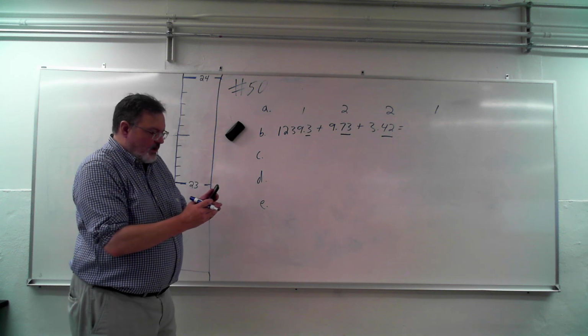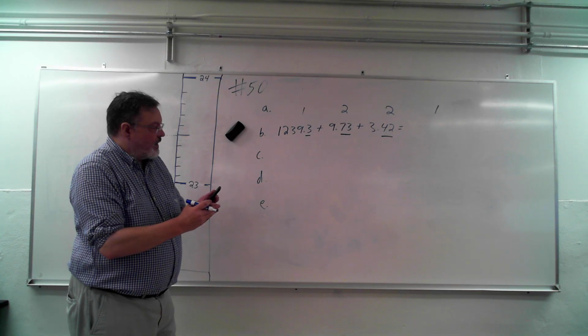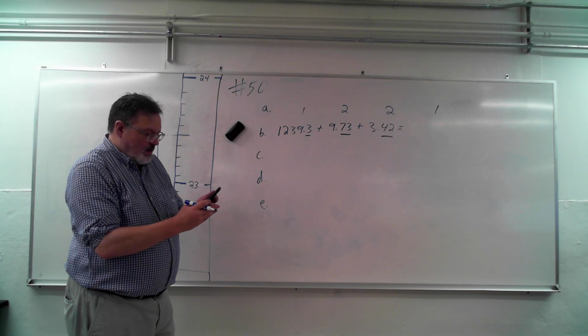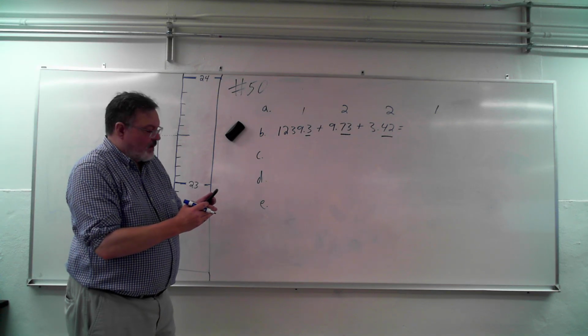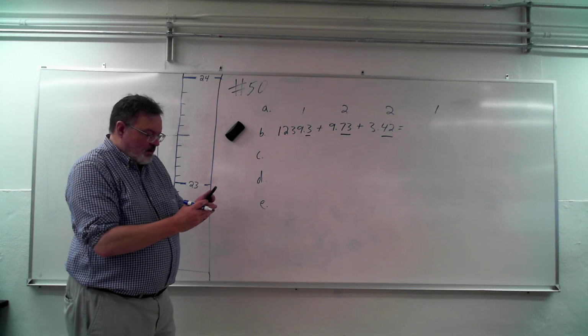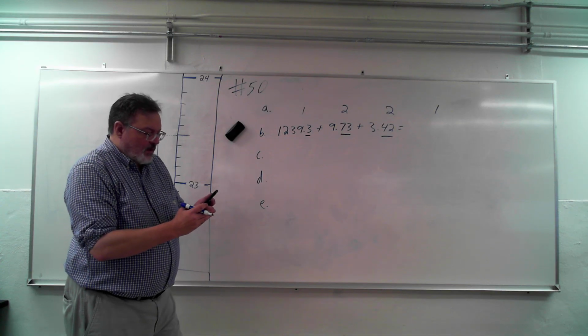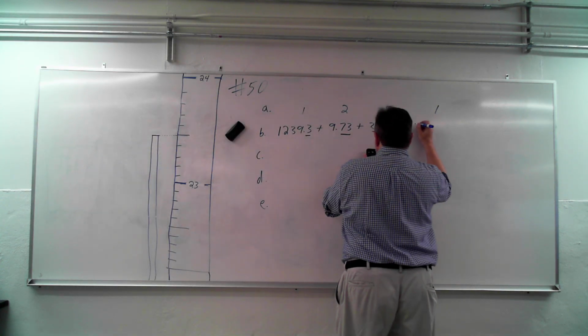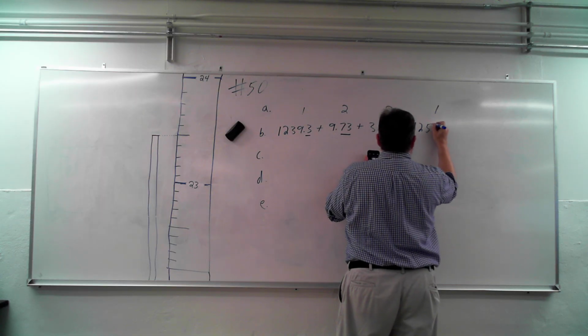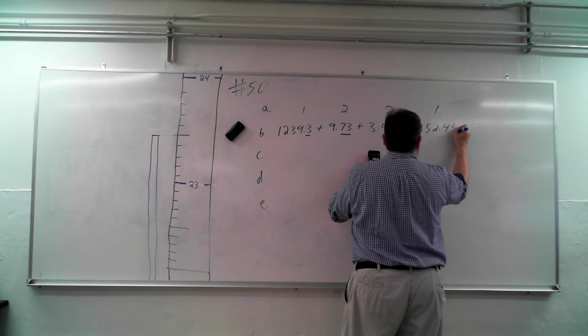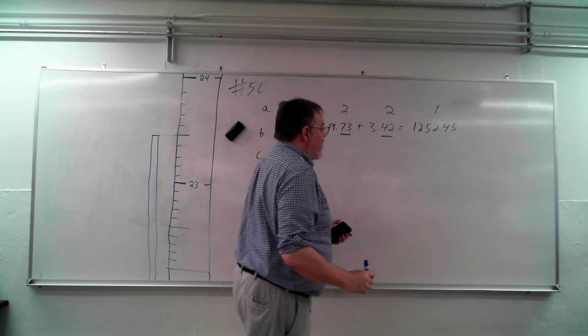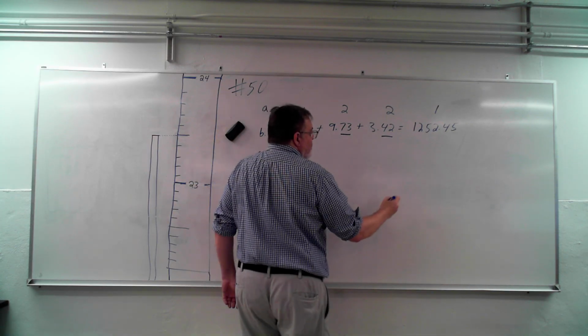1, 2, 3, 9.3 plus 9.73 plus 3.42. My calculator says... I need to keep 1 after the decimal.